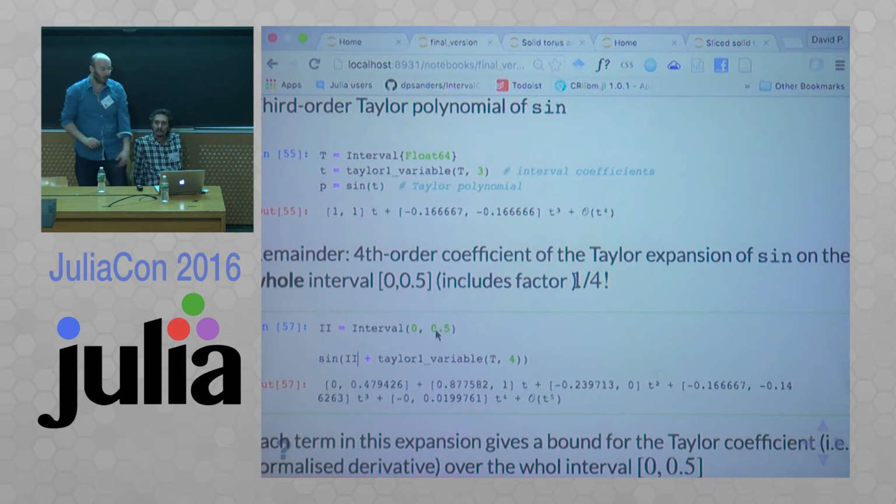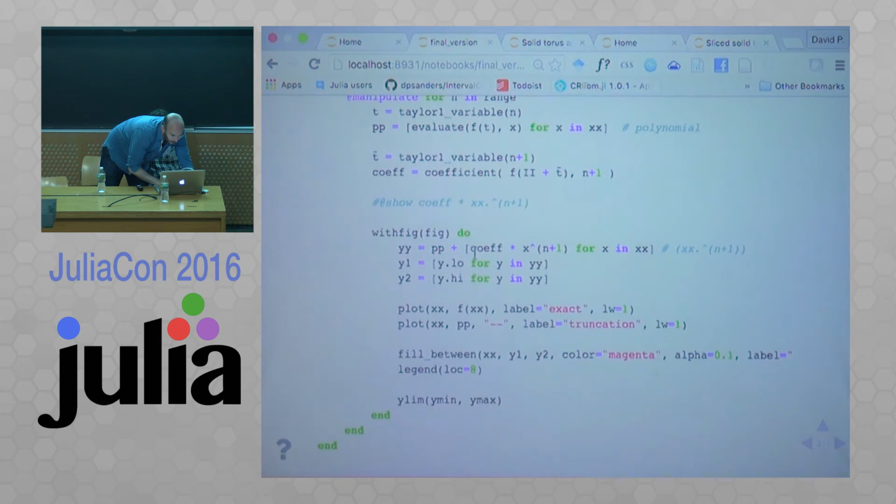And so the point is that we don't really care now about the whole Taylor expansion. What we care about is the fourth order coefficient, which is an interval that gives us a bound on the fourth order derivative over the whole interval. So that's the idea. So let's see what that looks like.